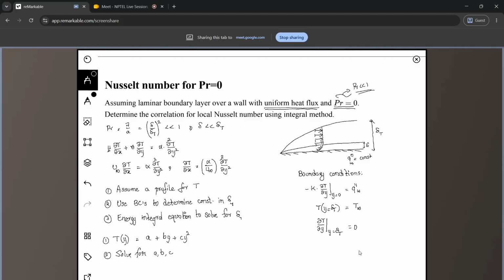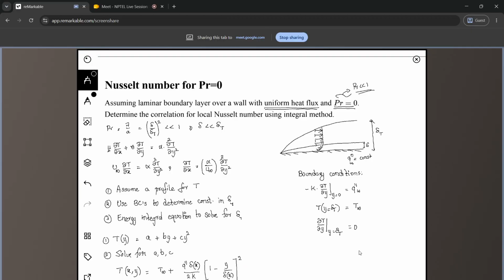So I'm getting this as T infinite plus something like this.